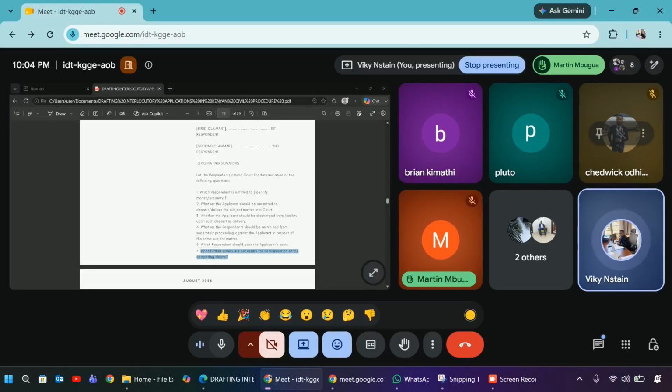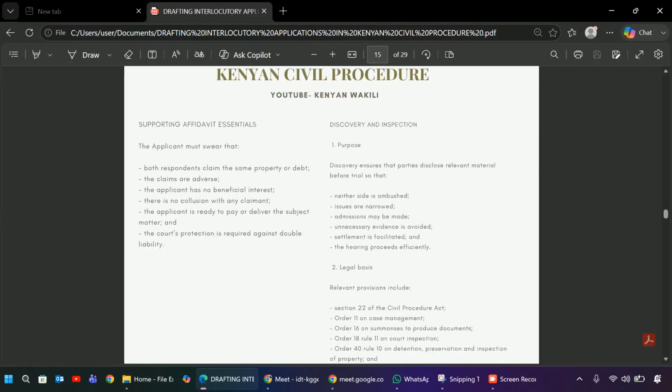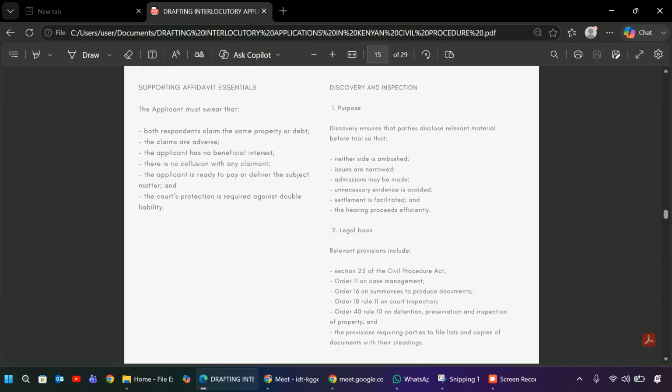Let originating summons be as straightforward as possible. So that is how I can summarize your argument, and also support Brian that we did a certificate of urgency because the court was in vacation or recess.